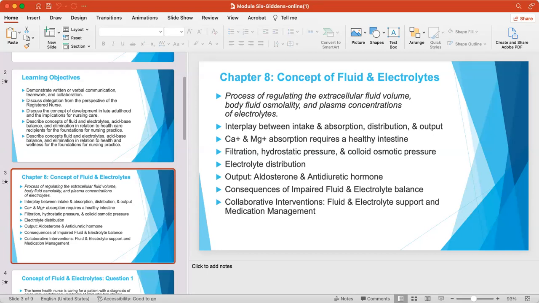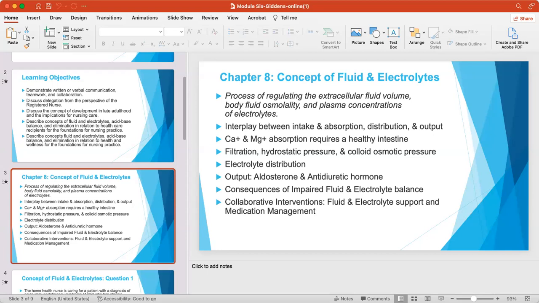You've probably heard it referred to as interstitial fluid. And then there's the fluid inside the blood vessels, which is referred to as the vascular fluid. The output part is removal of fluid and electrolytes from the body through either normal or abnormal routes.